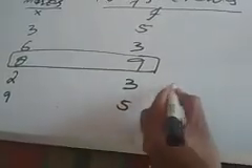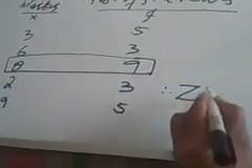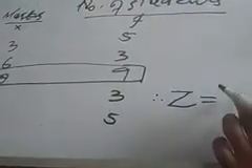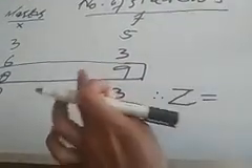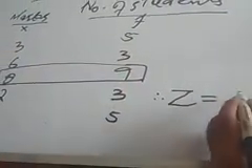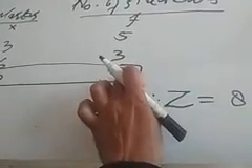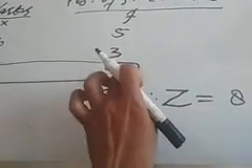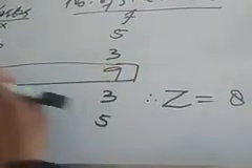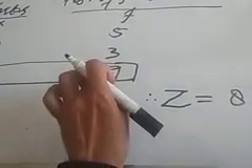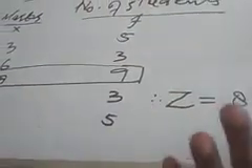So therefore mode is denoted by z. So z here denotes mode and it is equal to 8. So don't write mode is 9. Frequency means how many times it gets repeated. So mode is 8 because 8 gets repeated maximum number of times, 9 times.